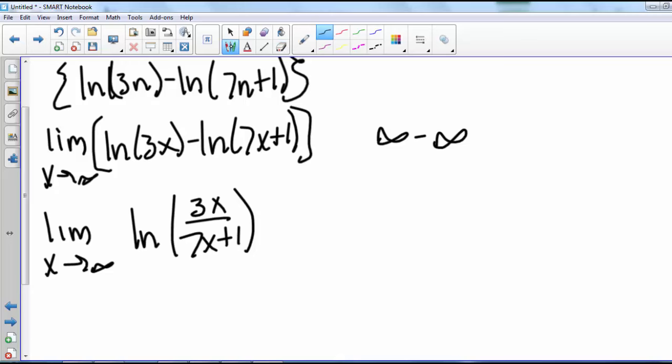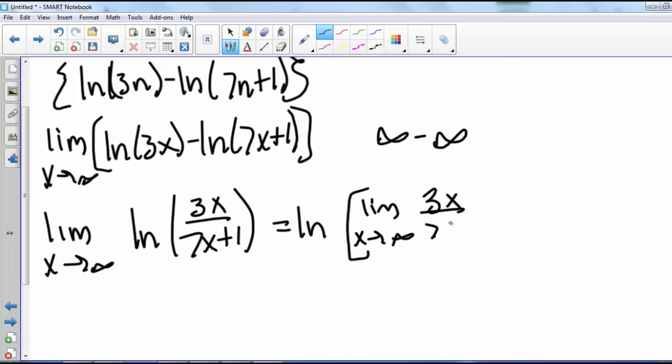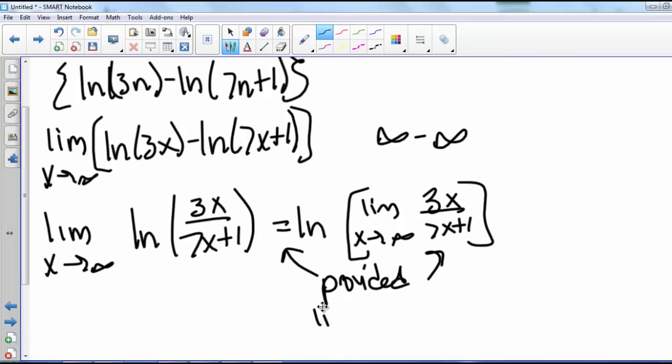Since the natural log of u is continuous on our domain, this equals the natural log of the limit as x goes to infinity of 3x over 7x plus 1. This equality is true provided that this limit exists.